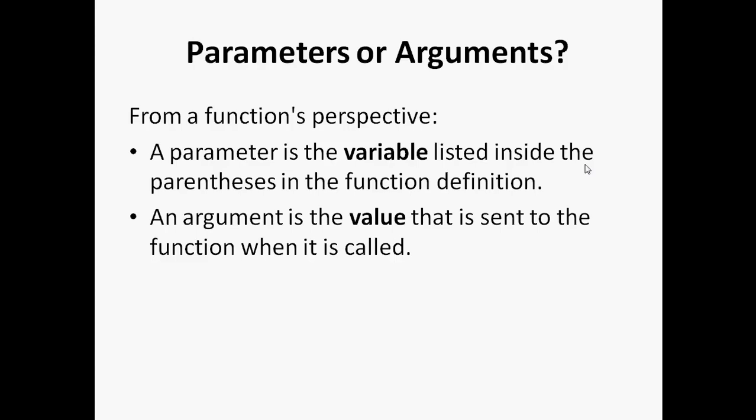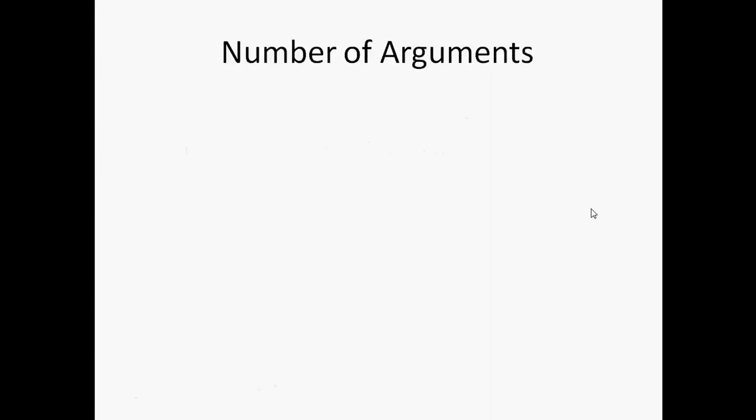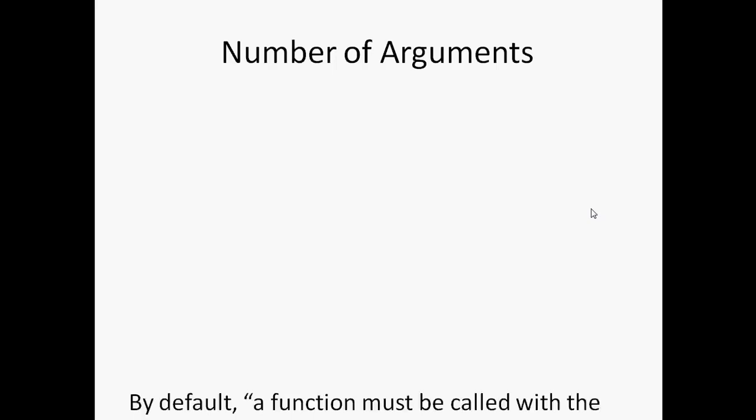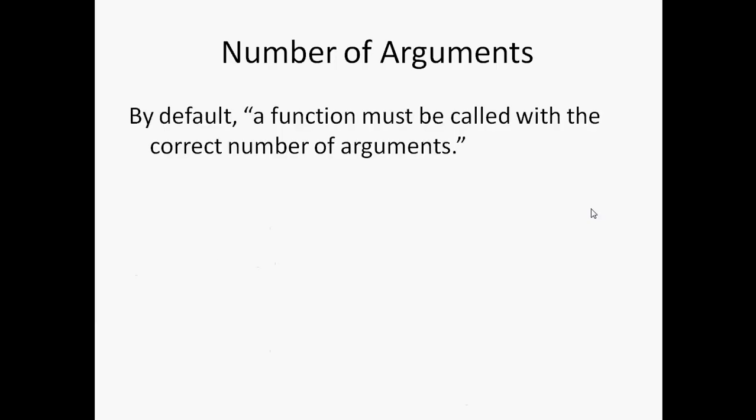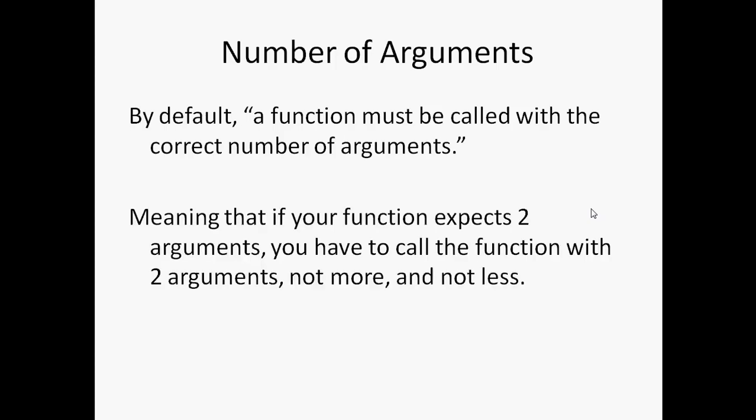That means the argument is the value which we are passing while calling a function. Number of arguments: by default, a function must be called with the correct number of arguments. It means that if your function expects 2 arguments, you have to call the function with 2 arguments, not more and not less.